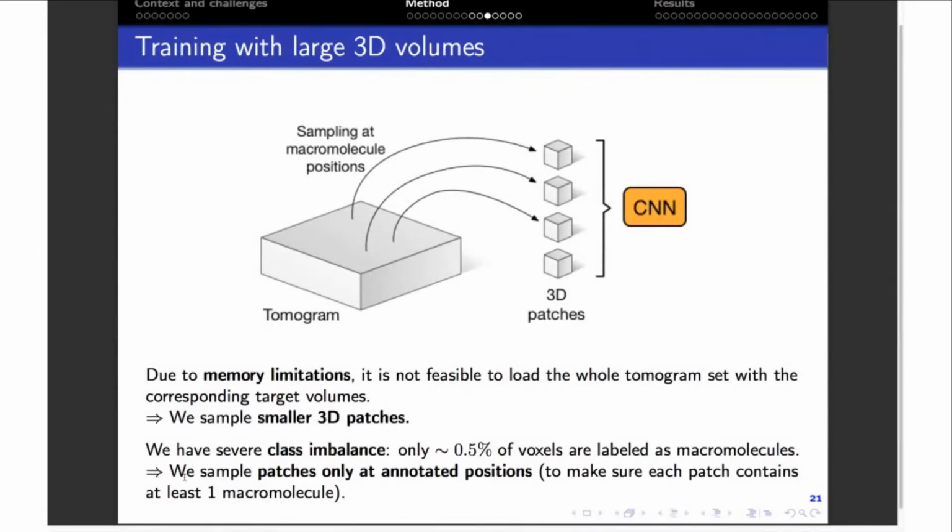Only 0.5% of voxels are occupied by macromolecules, meaning that the negative class, the background, is overrepresented. This perturbs the training. The CNN only learns the overrepresented class and ignores the underrepresented ones. So to address this problem, we chose to sample patches only at annotated positions. In other words, we make sure that each patch contains at least one macromolecule.